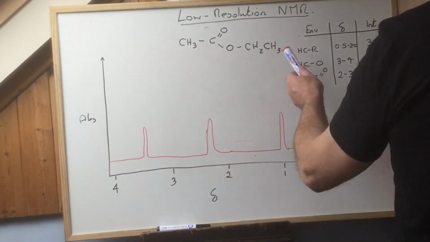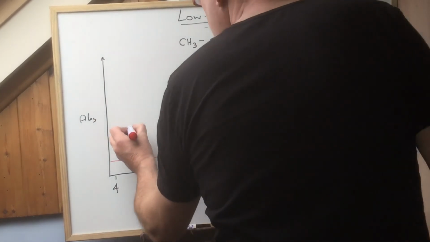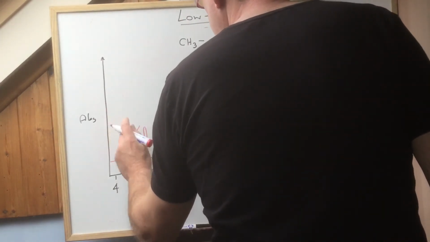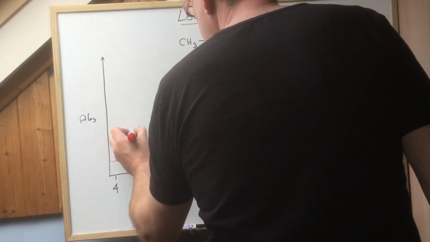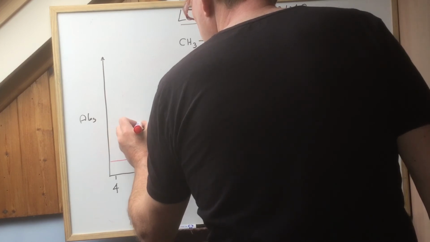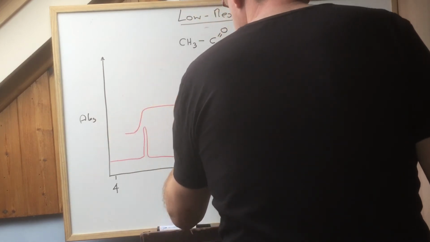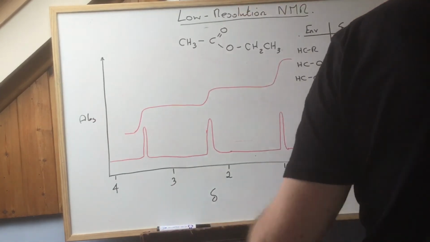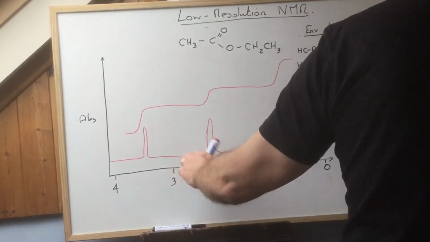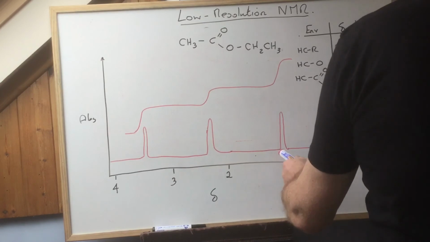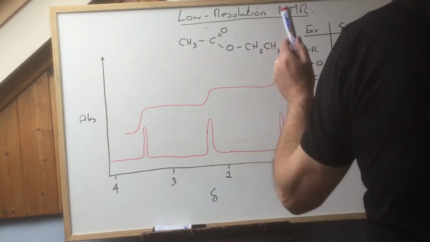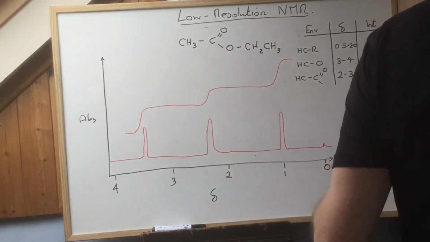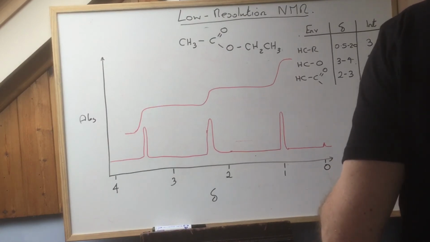Integration trace. Again, don't look for scale here, because it shouldn't necessarily be to scale. There. Right. Let's break down exactly what I've got here. Let's make sure that it's absolutely spot on. And it is.